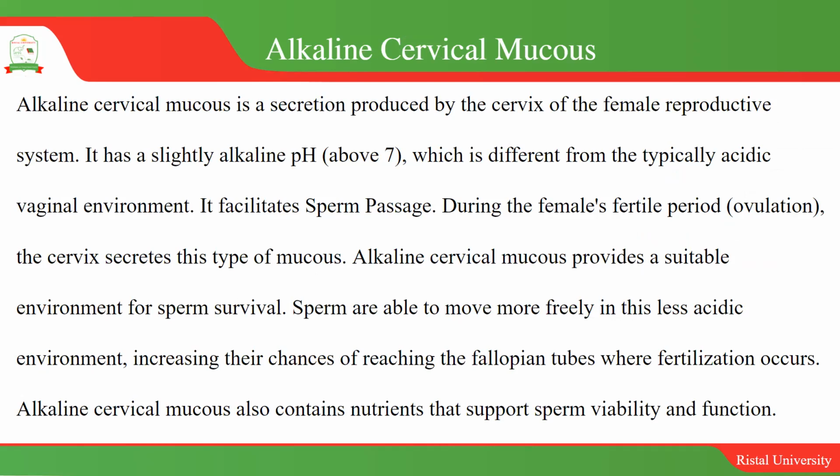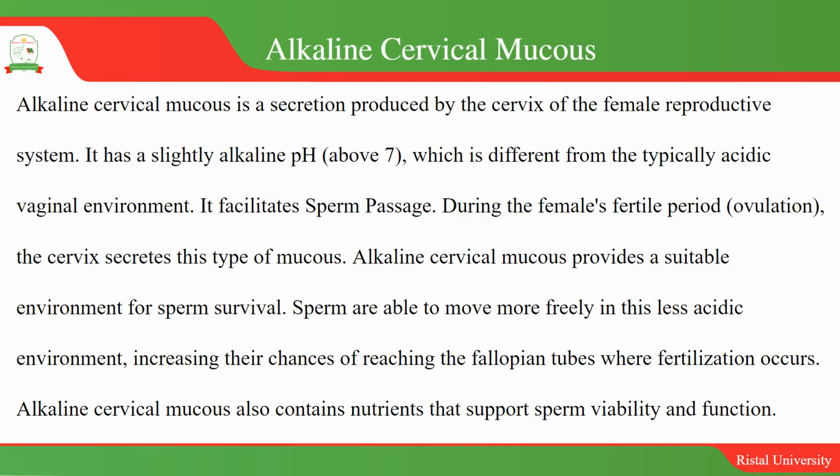And one of the key roles of the mucus that is produced by the cervix, what we call the alkaline cervical mucus, is to provide that conducive environment. It is alkaline, that means that it has a pH of above 7, and this actually helps in neutralizing the acidic vaginal environment, and therefore this facilitates the survival and transportation of the sperm cells.